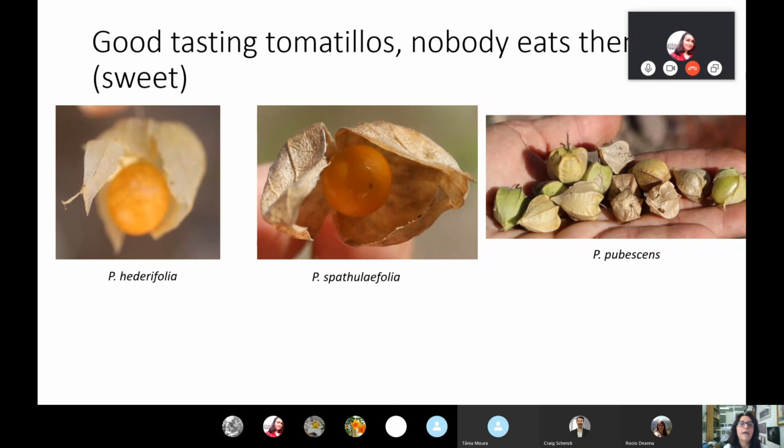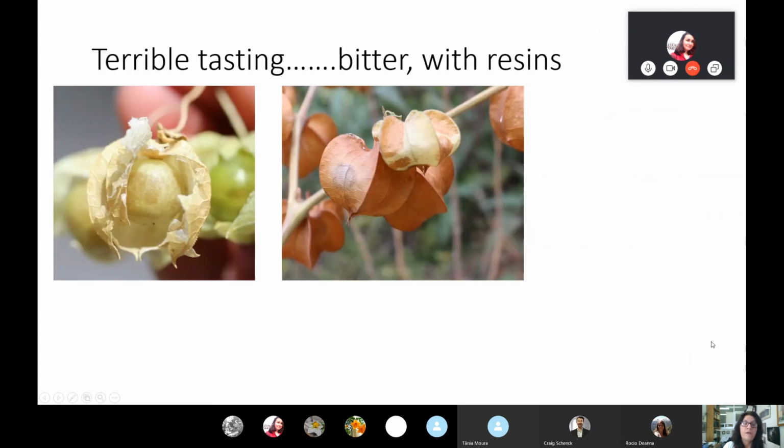They are sweet, nice to eat. They don't leave any aftertaste in the mouth, but nobody eats them in Mexico. They don't even want to try. Once I said, oh, look, they taste nice, nobody wanted to try those.